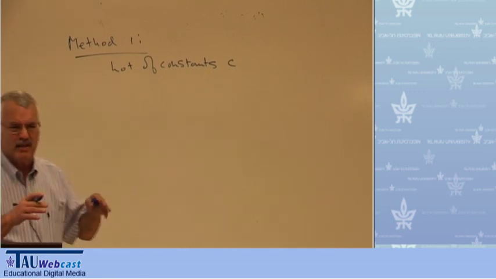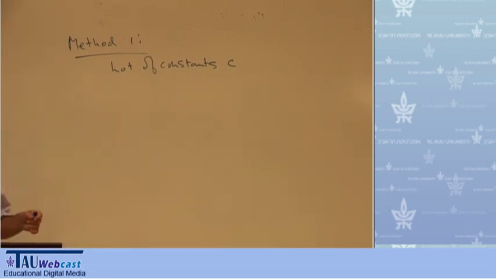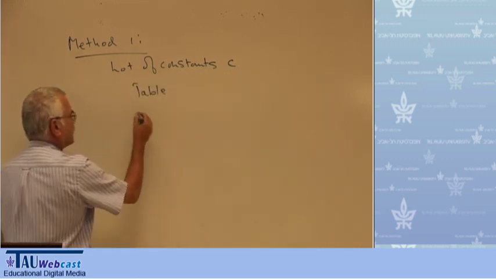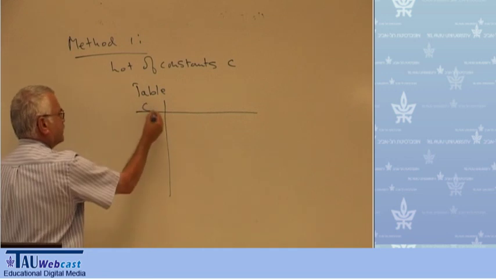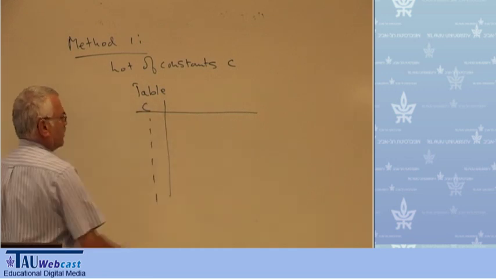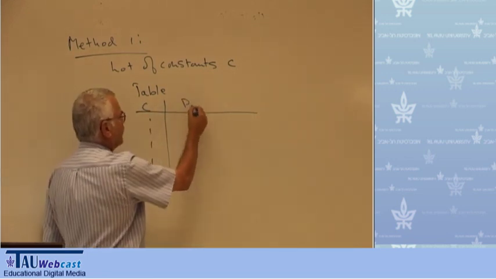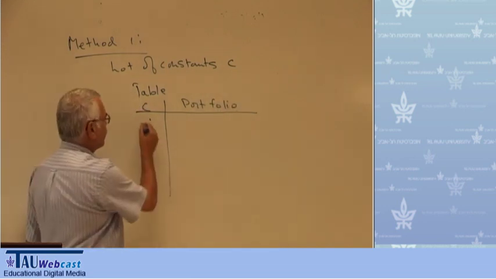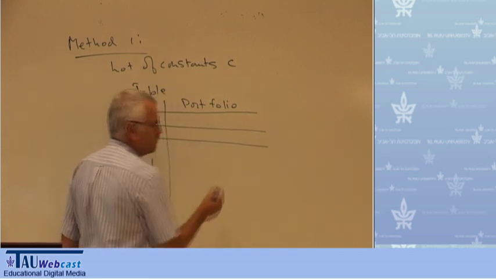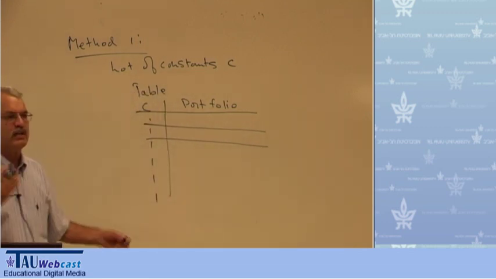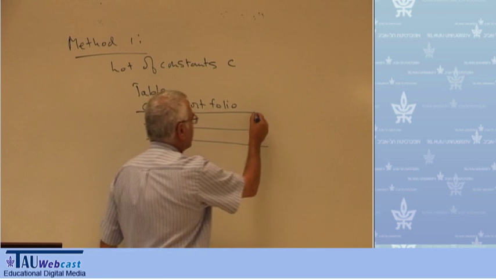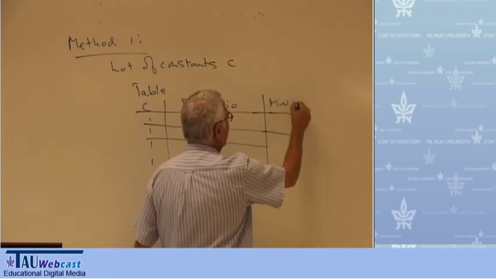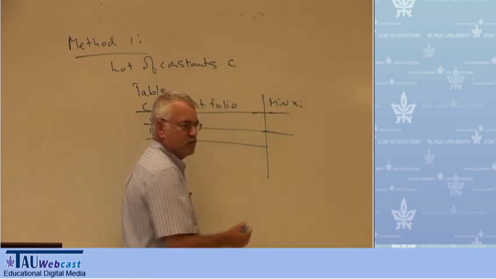I think I did this in class, actually. You take a lot of constants, and you build a big table, and the table looks like this. Here is C, and here is the portfolio. For every C, you have a portfolio, and then you do a little check and see what's the minimum Xi in the portfolio.